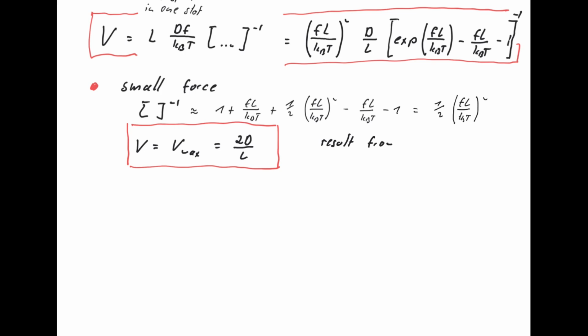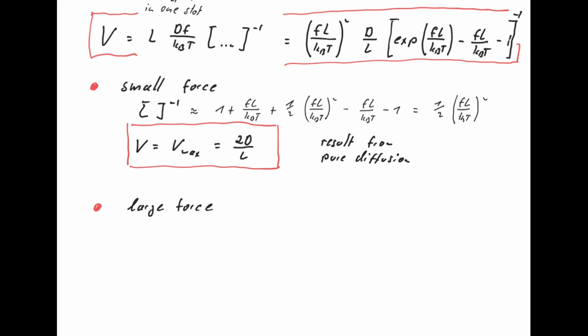So that's the maximum speed that the motor can move, and that is just given by the diffusion constant of the motor. The second limiting case is what happens at very large forces.